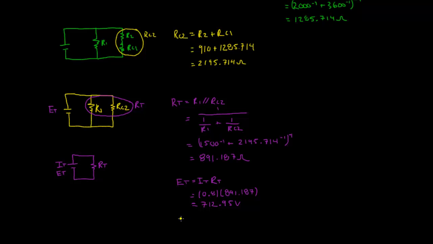So we can say that ET is equal to E1, which equals EC2, or the voltage drop across RC2, which again equals 712.95 volts.